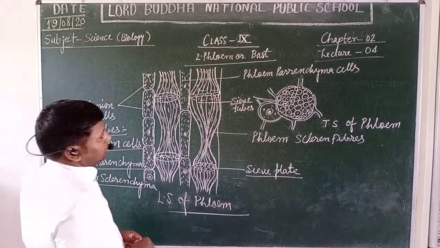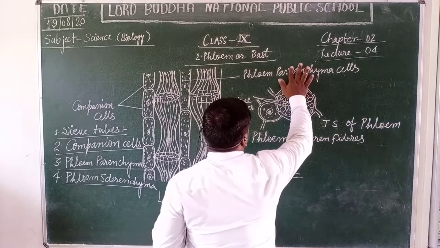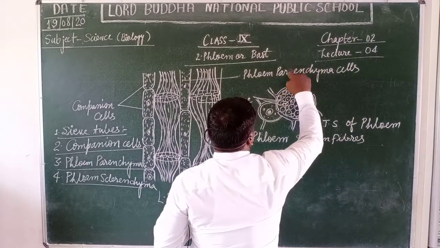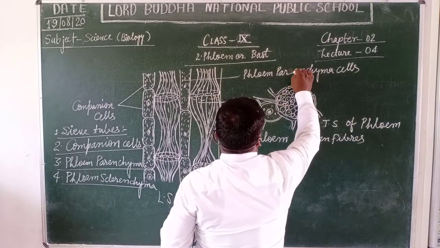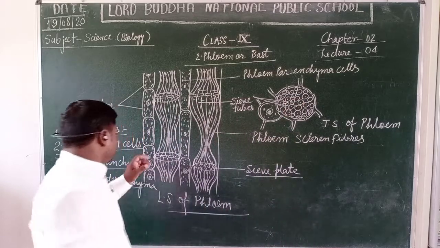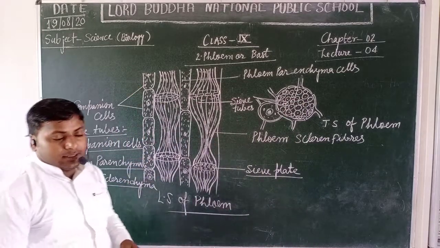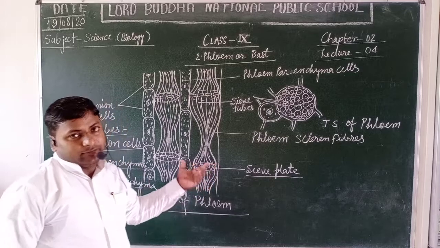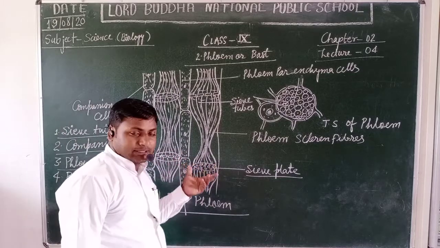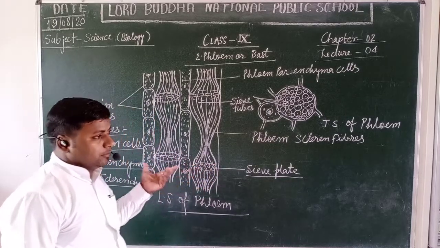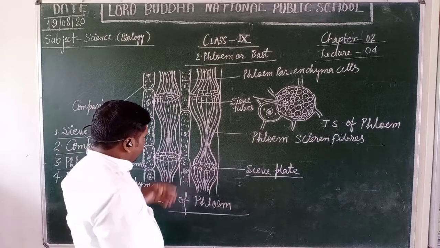Now, phloem parenchyma. Phloem parenchyma are cells that are long, elongated, and comparatively longer than the companion cells. They are helpful in the storage of extra food substances which are synthesized after the process of photosynthesis.